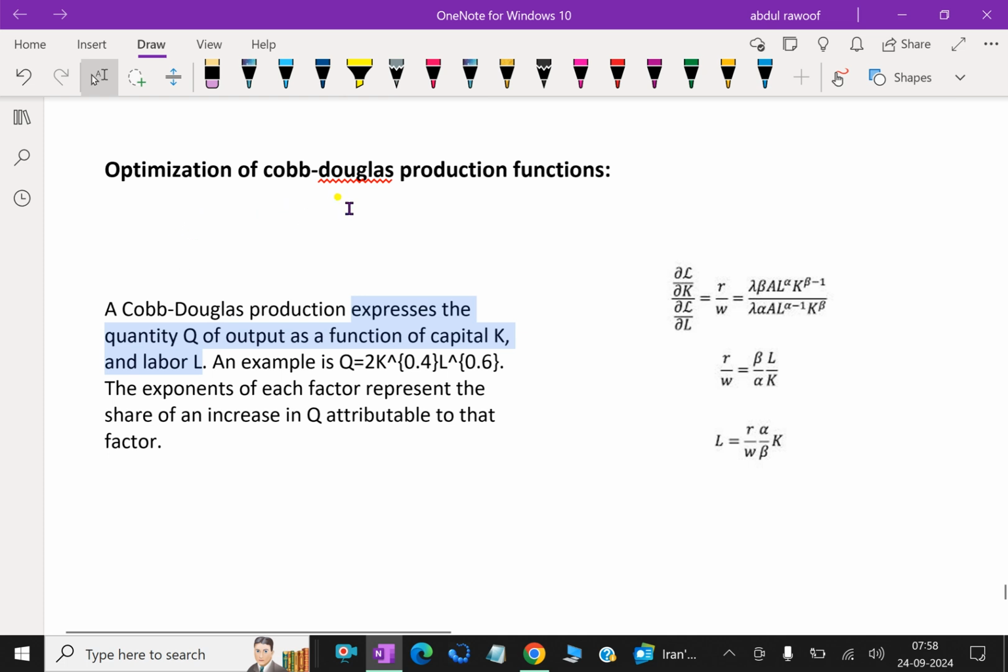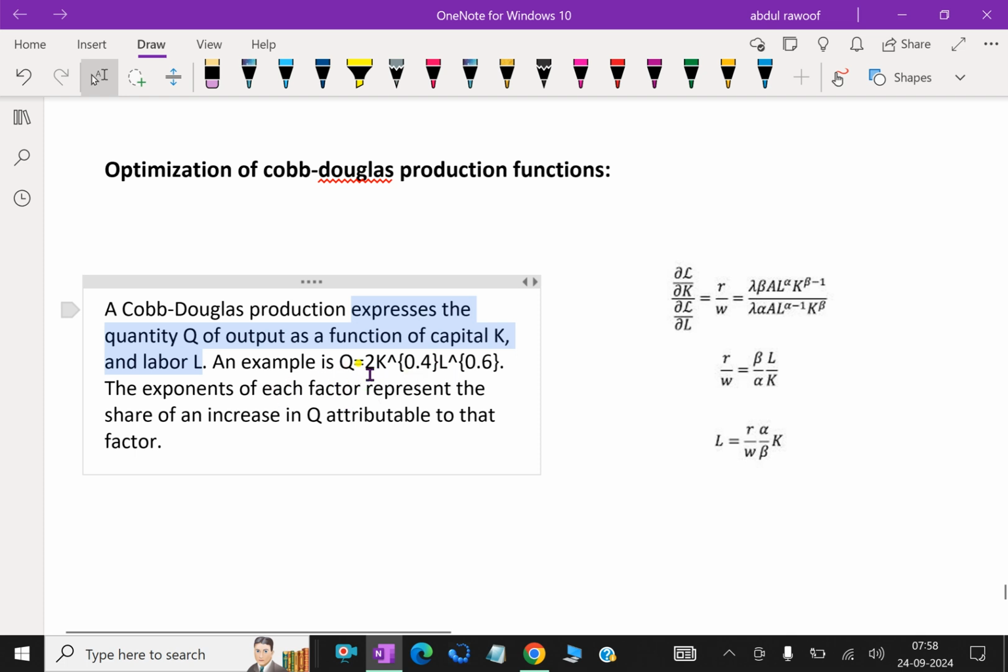Next one, optimization of Cobb-Douglas production functions. What is that? A Cobb-Douglas production function expresses the quantity Q of output as a function of capital K and labor L. For example, Q equals 2K to the power 0.4 times L to the power 0.6.